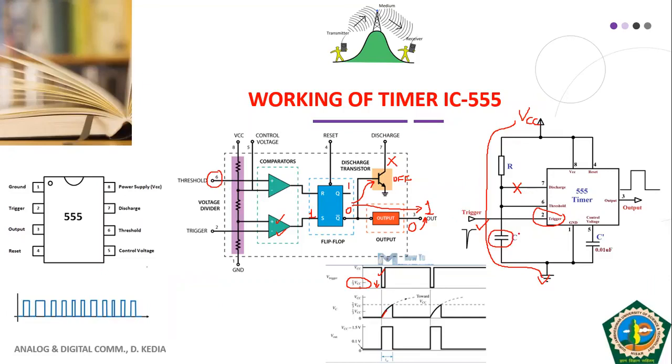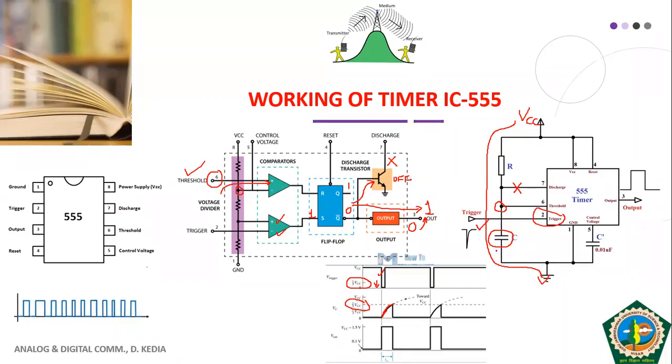The voltage across the capacitor is connected across threshold terminal 6, so the increasing voltage is applied to this terminal. Another terminal of the comparator is 2/3 VCC. It means the threshold voltage, which is nothing but the voltage across the capacitor, is compared with 2/3 VCC. So your capacitor starts charging and it charges up to 2/3 VCC.